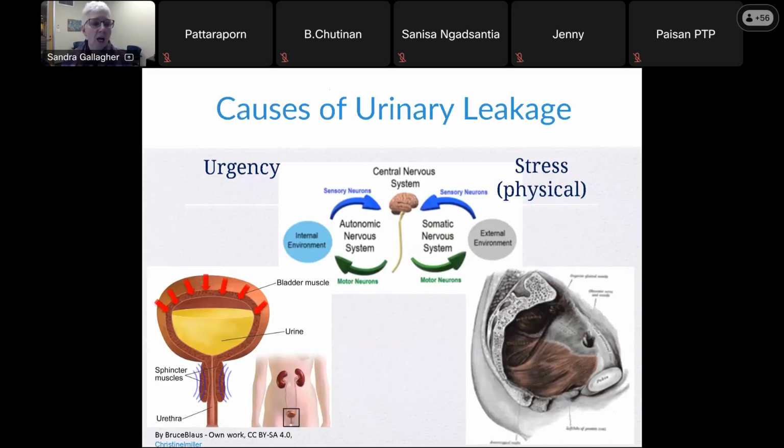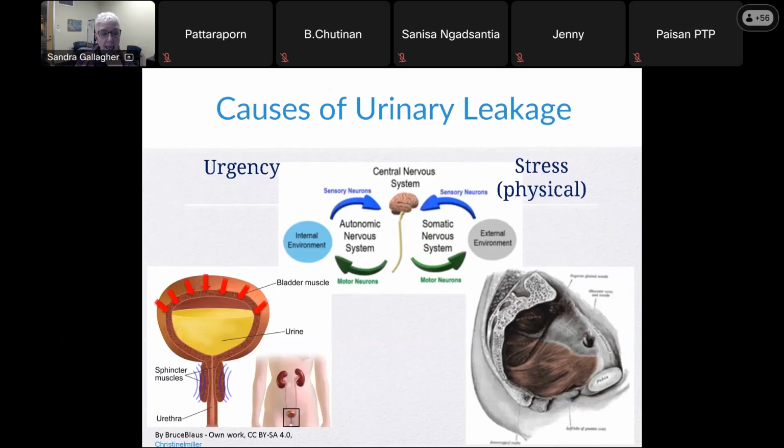So now we're going to talk about urinary leakage, and we're breaking it down to the 2 most common parts. So urgency leakage is when the bladder is signaling that it's time to go and the rest of the nervous system either amplifies that too much or the rest of the nervous system gives up and lets the urine leak.